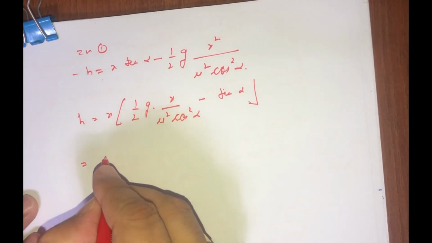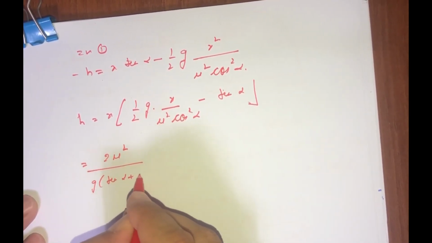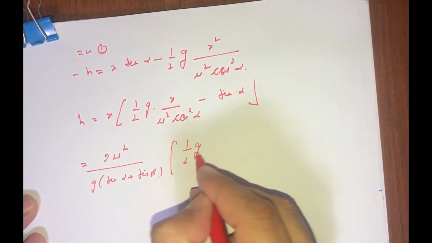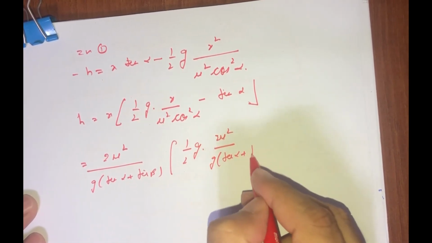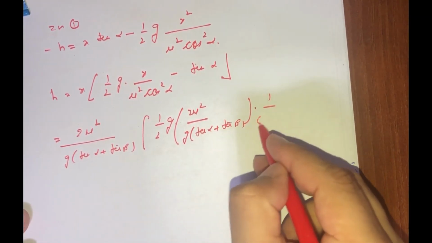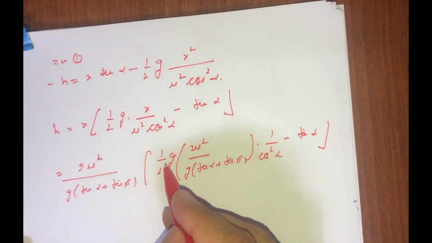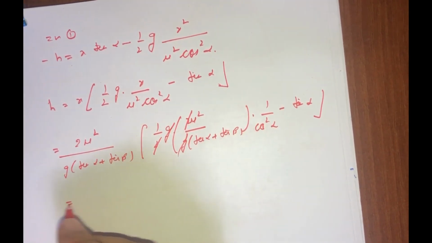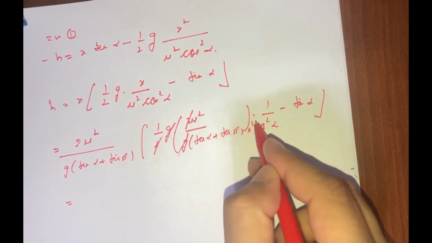Substituting the value of x, we get 2u square divided by g times tan alpha plus tan beta, multiplied by one half g times 1 upon cos square alpha minus tan alpha. The 2 cancels with 2, g cancels with g, and u square cancels with u square.